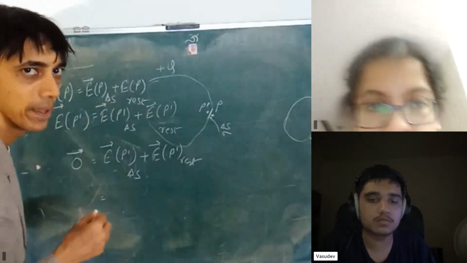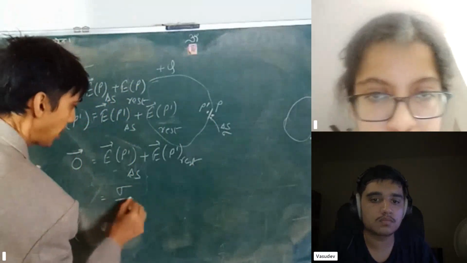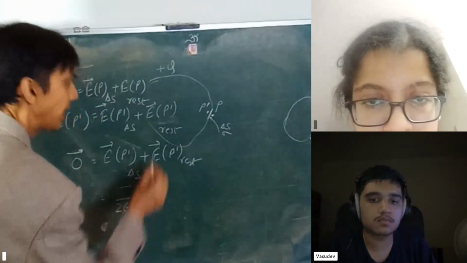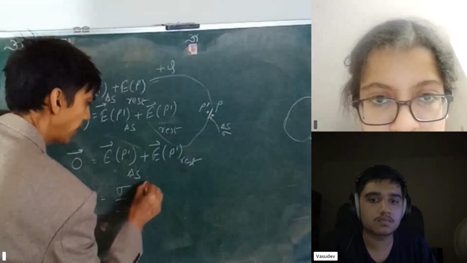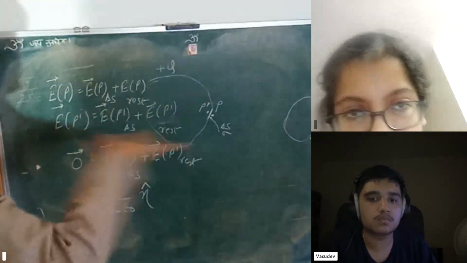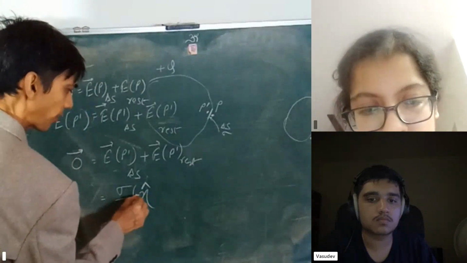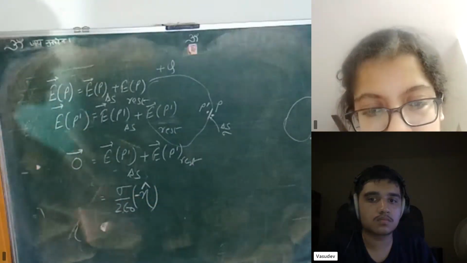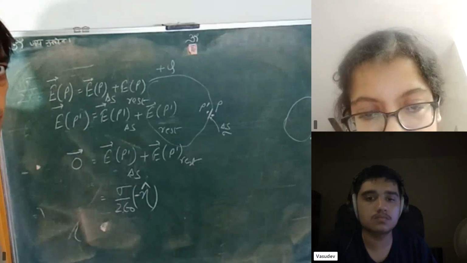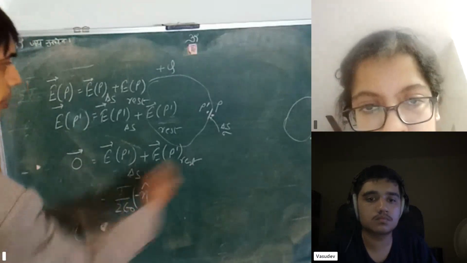We can write sigma by twice epsilon naught, and I am taking eta, the unit vector, outside. What will be? Minus of eta then, P prime, correct? Sigma by twice epsilon naught, which direction?